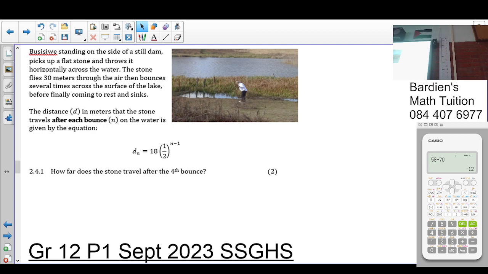So that is fairly simple. Fourth bounce is d4, the distance. It's going to be 18 into a half to the 4 minus 1.